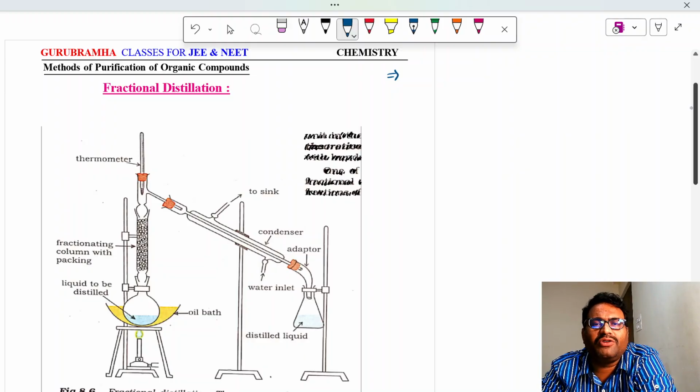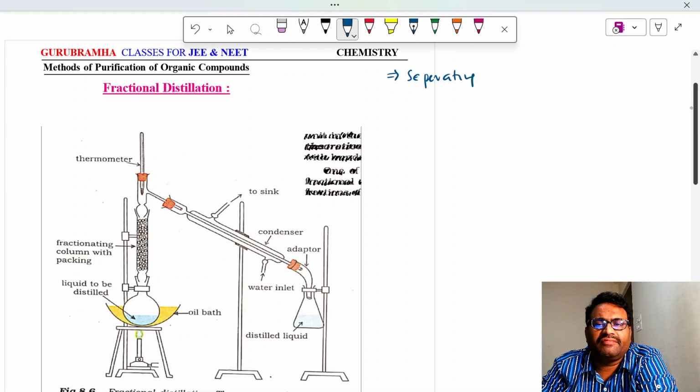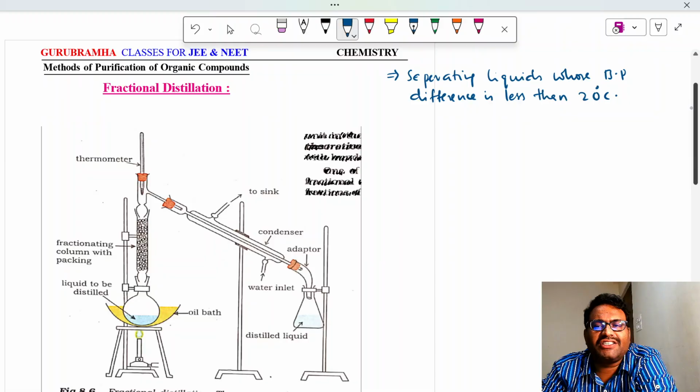They can be separated only by fractional distillation. So separating a mixture of liquids whose boiling point difference is less than 20 degrees centigrade can be done by fractional distillation.